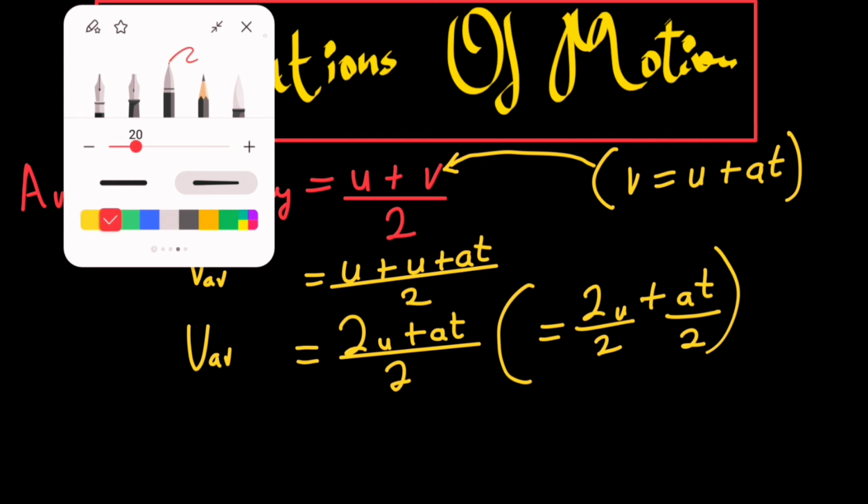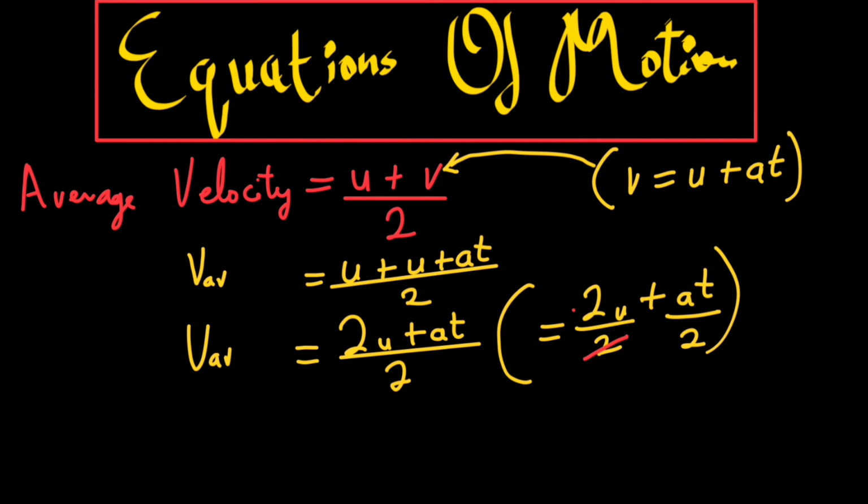We can cross out these, and then we'll have this equal to u plus, and since there's a hidden one here, it will surface as half a t. All right, and then we have v average here.